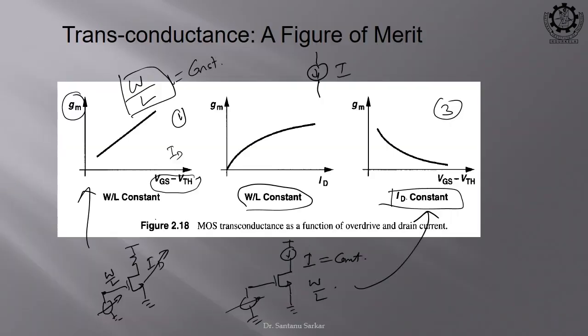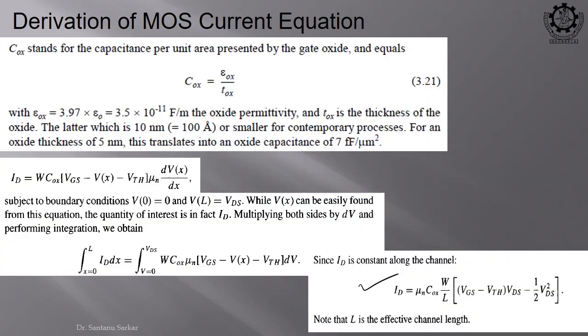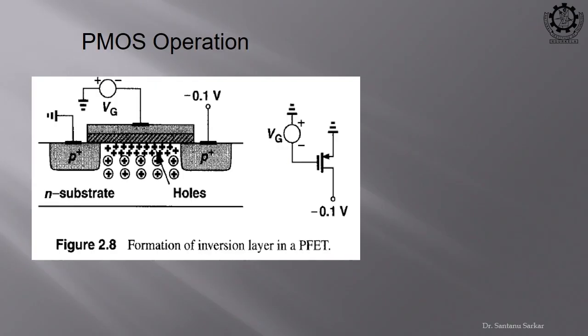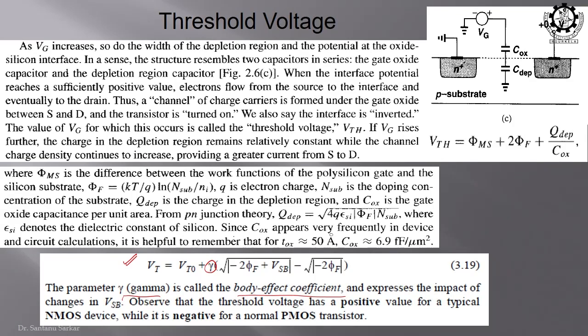If depletion width is increased, you see, my total threshold voltage depends on the work function difference, Fermi voltage, and, if you have a cap, voltage V is equal to Q by C. So, if my Q is increasing, my threshold voltage should also increase. So, backgate voltage in this condition is increasing my threshold voltage, clear.